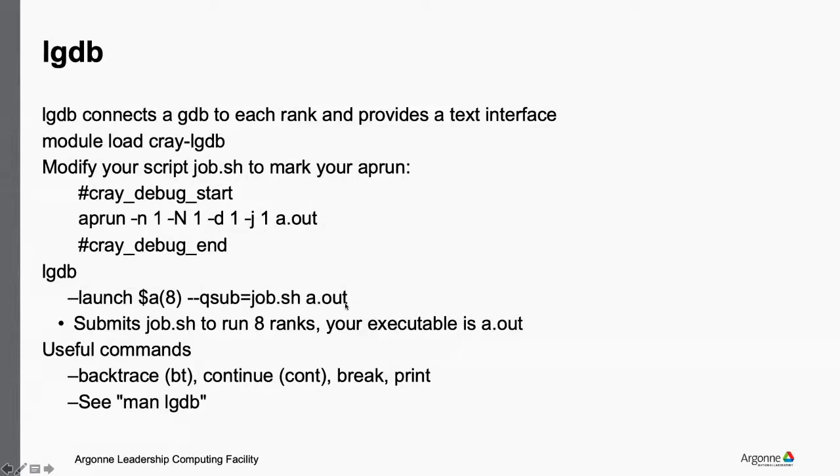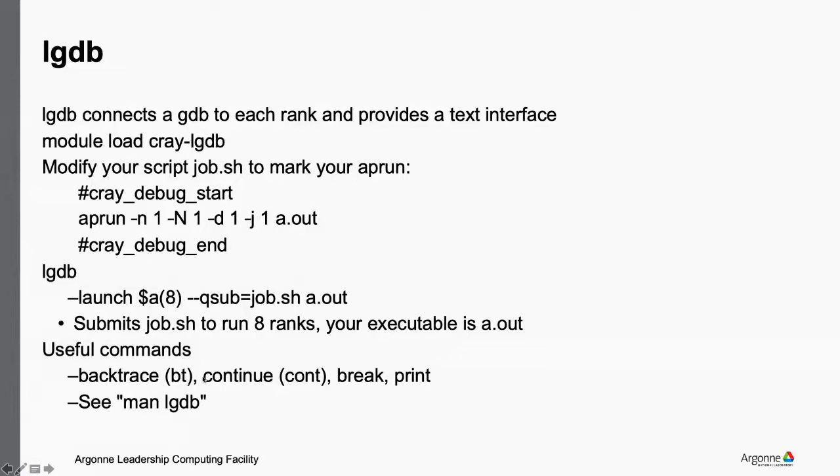It actually looks at your job script and figures out where the app run is from those comments, and then it actually launches the thing, right? So you would do this all from inside of an interactive job. And this funky syntax with the $A8 is encapsulating that it's 8 ranks. And so you would set that to however many ranks that you want.